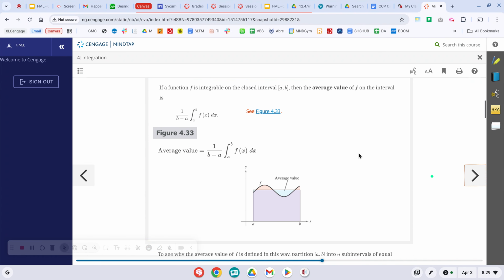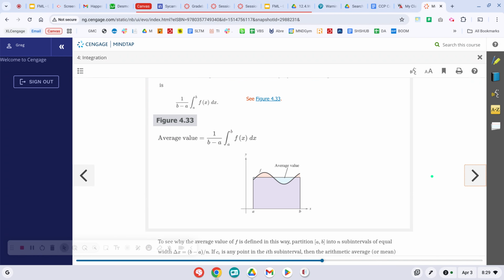So let's think about this like snowfall, okay? So let's say it started snowing at 1 o'clock and it ended snowing at 3 o'clock. And this function was not how much snow was on the ground, but how much snow per instant, like snow per hour. The average snow per hour rate is changing over time, okay?